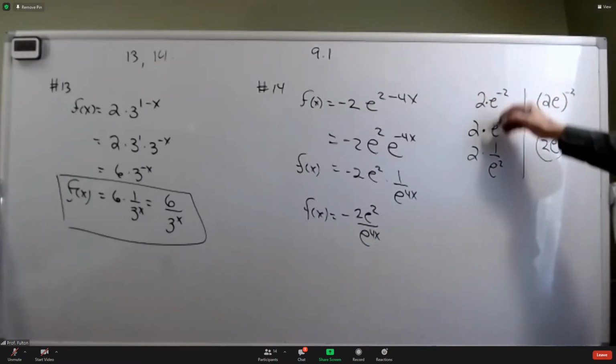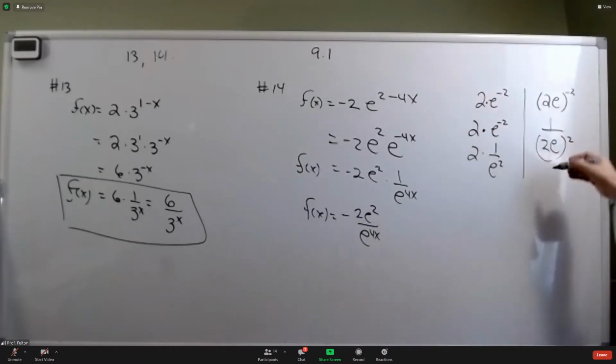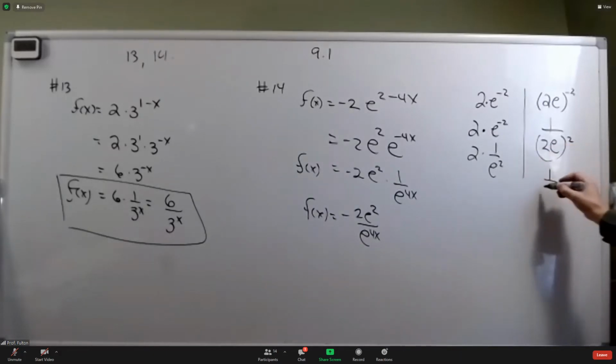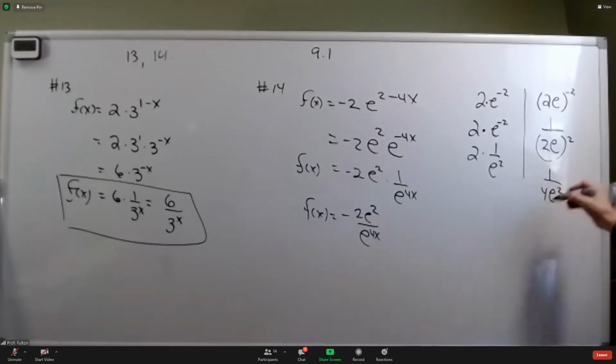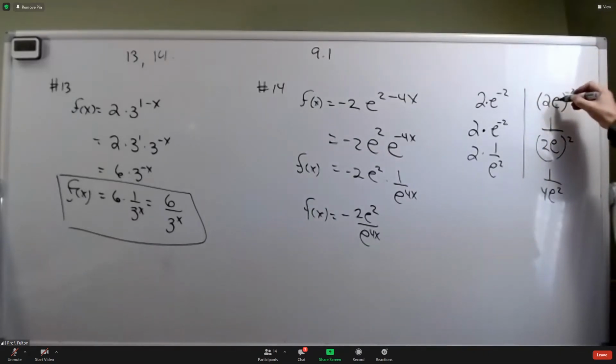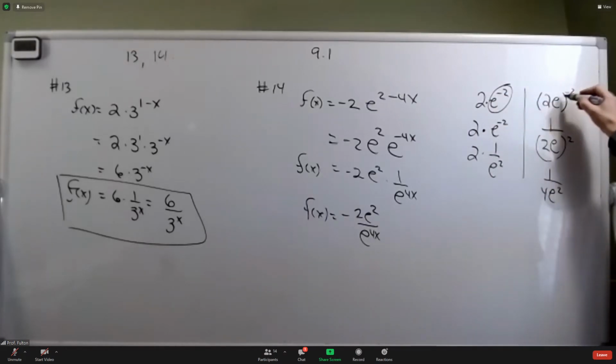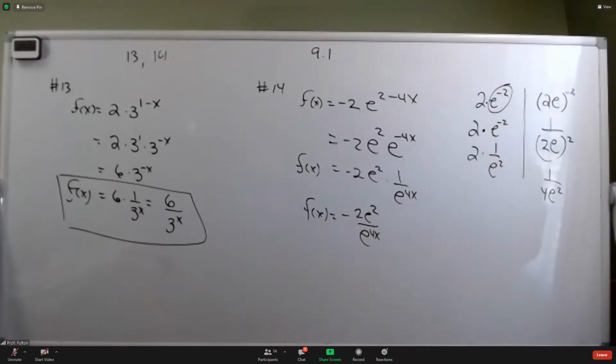See? It only takes the exponent, not the coefficient. And then I could write this as 1 over 2 squared, which is 4e squared. So there's a difference. If you have parentheses, you not only grab the base here, but the parentheses would grab the coefficient.